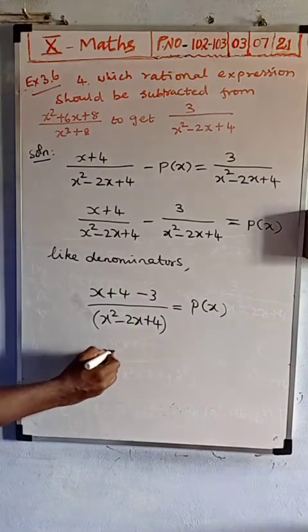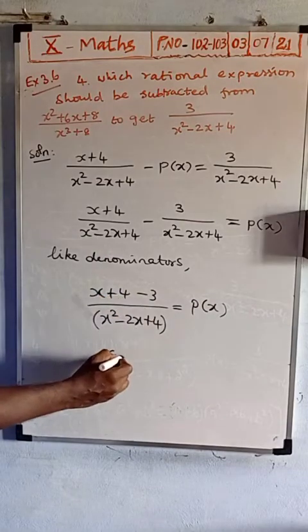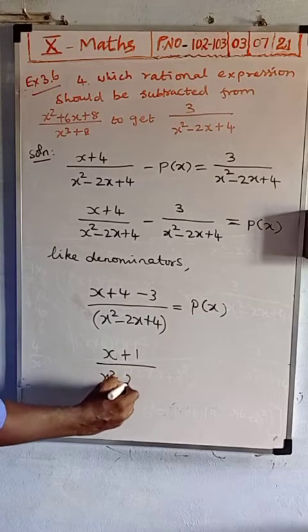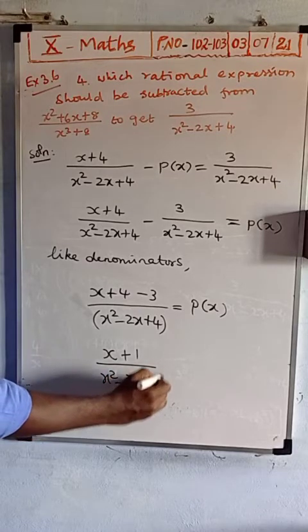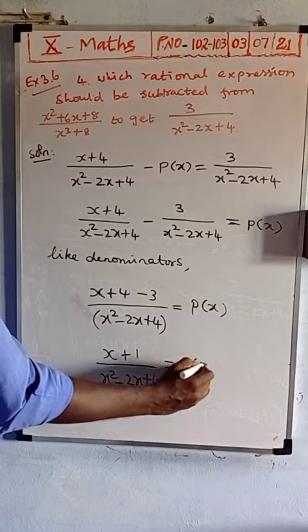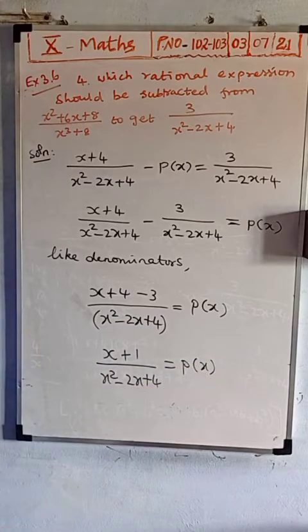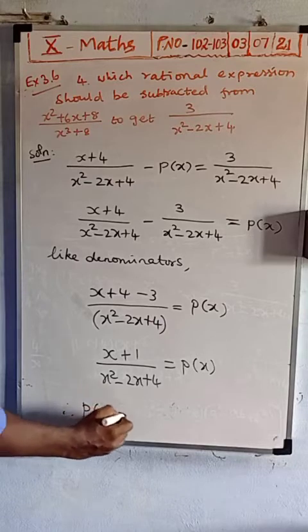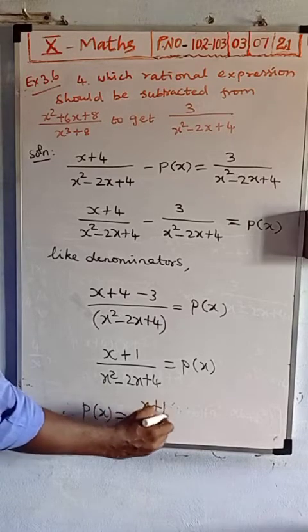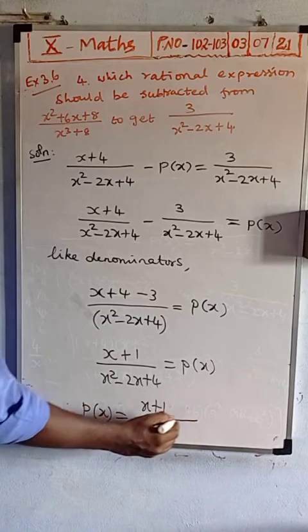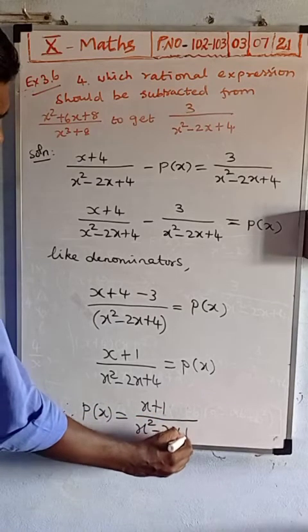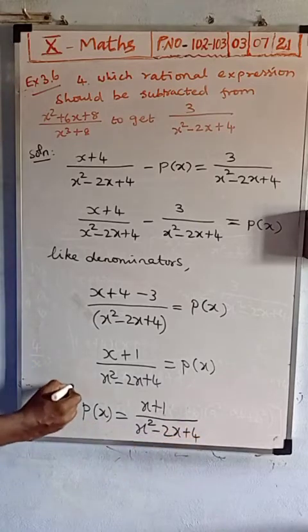So simplify: 4 minus 3 is 1. So x plus 1 divided by x square minus 2x plus 4 is equal to p of x. Therefore the unknown rational expression is p of x equal to x plus 1 divided by x square minus 2x plus 4. Okay, this is the answer.